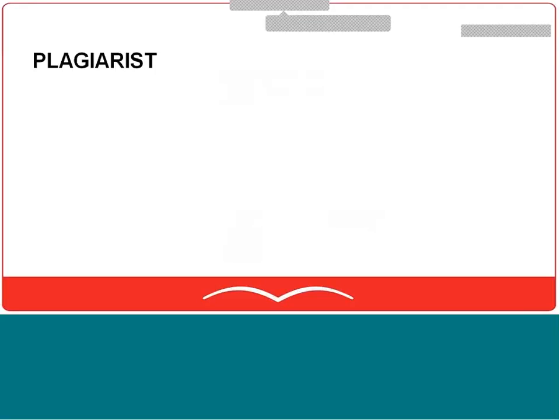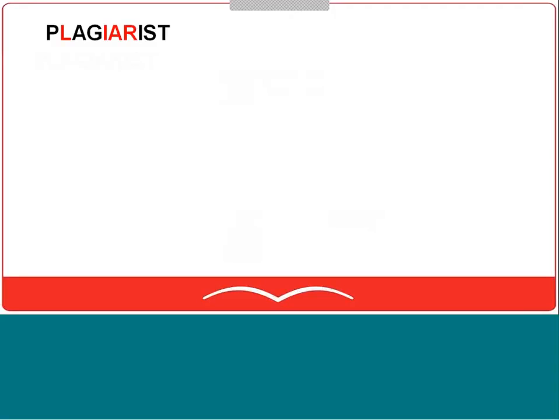Fantastic, Akshaya. Plagiarism is a reference when people copy something from somebody else and pass it off as their own. They take credit for something that does not belong to them. So, a plagiarist is basically a liar.